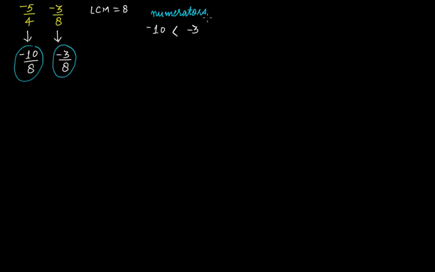Since 10 is greater than 3, therefore minus 10 is less than minus 3. So in this case, minus 10 over 8 is less than minus 3 over 8. It means that minus 10 over 8 is an equivalent fraction of minus 5 over 4, and minus 3 over 8 is an equivalent fraction of minus 3 over 8 only. So again we can say here that minus 5 over 4 is less than minus 3 over 8.